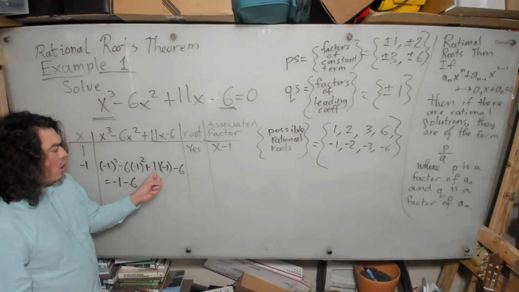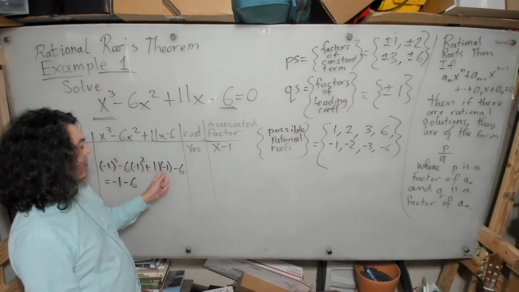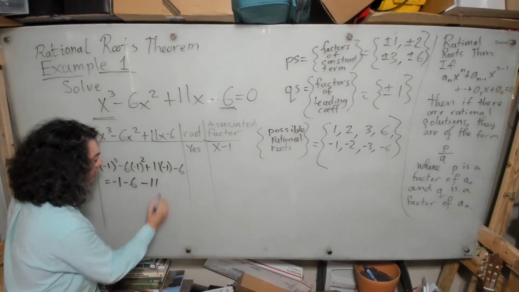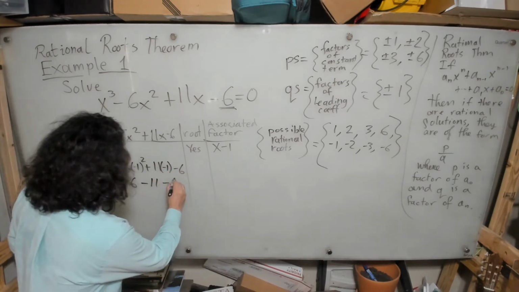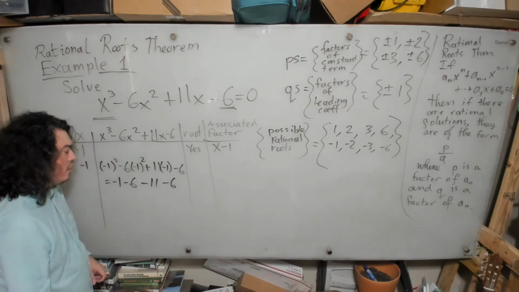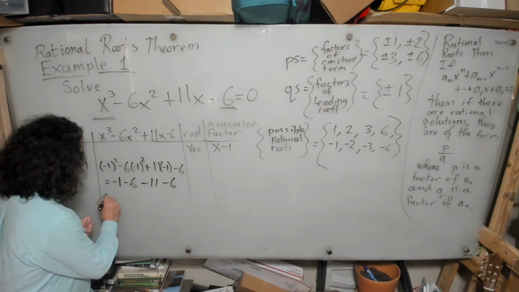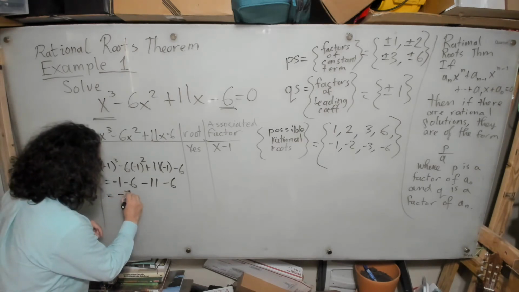Okay? Now I have 11 times -1. That becomes -11. I'm adding a -11. And then I bring down my -6. Okay? So now here, what is -1 minus 6? This is -7.